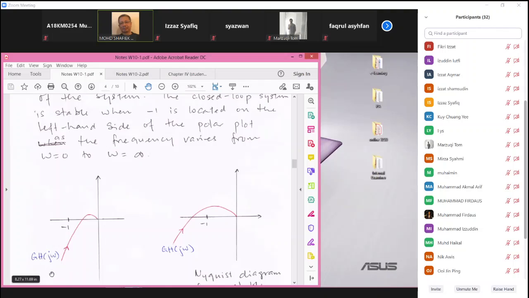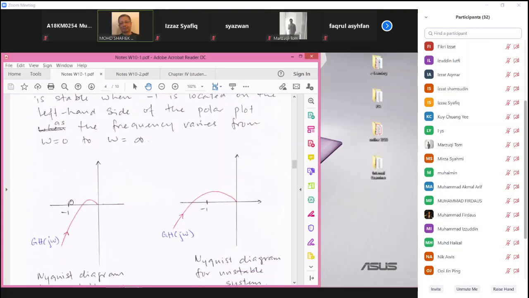When you plot the Nyquist diagram, you get this red line as frequency increases from 0 to infinity. If your Nyquist diagram crosses the real axis to the right of -1, then the system is stable.